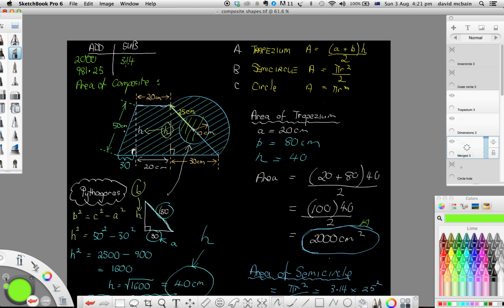So our answer will be 2,981.25 minus 314, and that equals 2,667.25 centimetres squared.